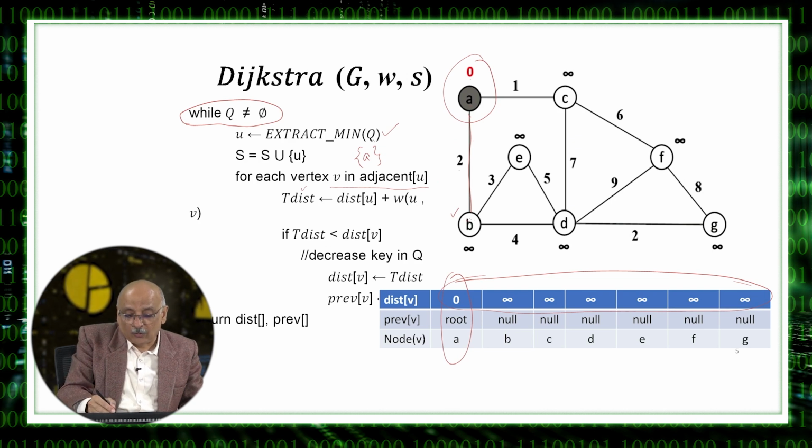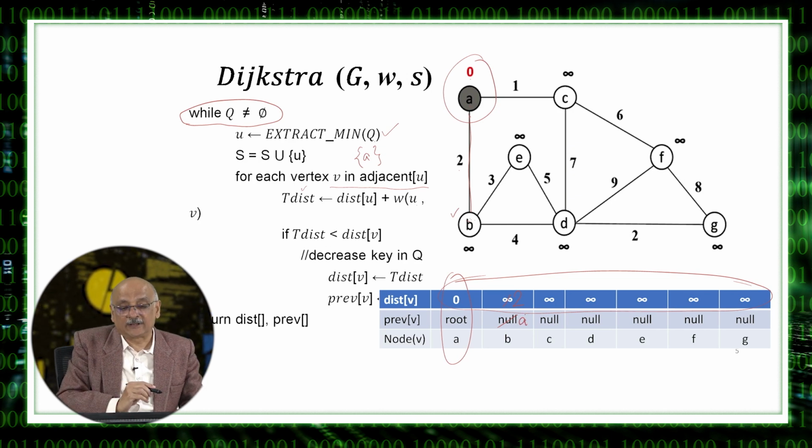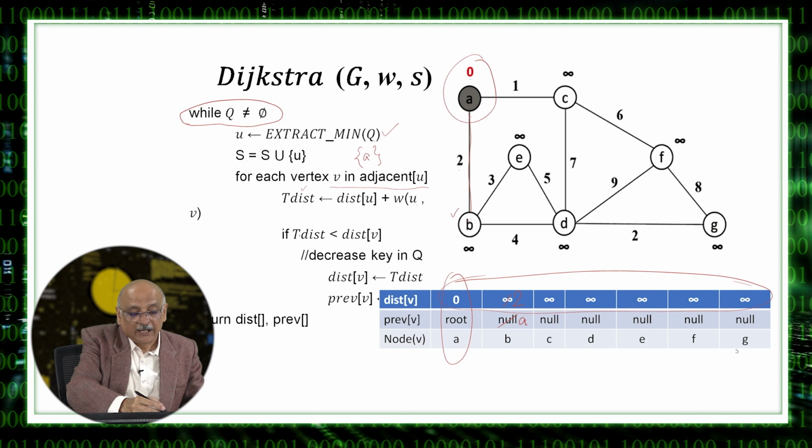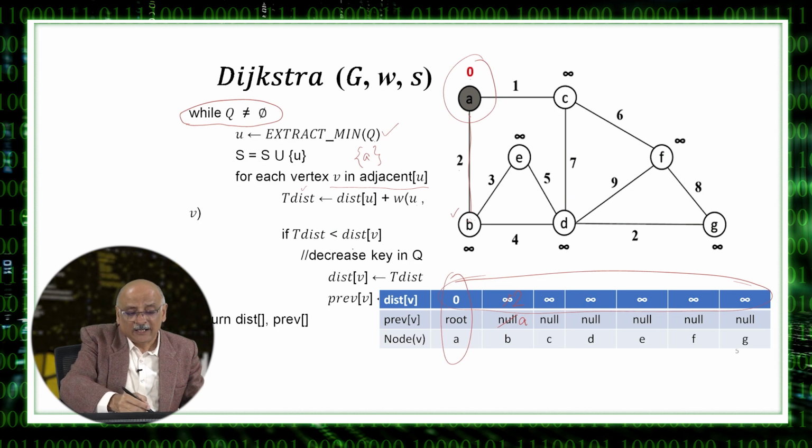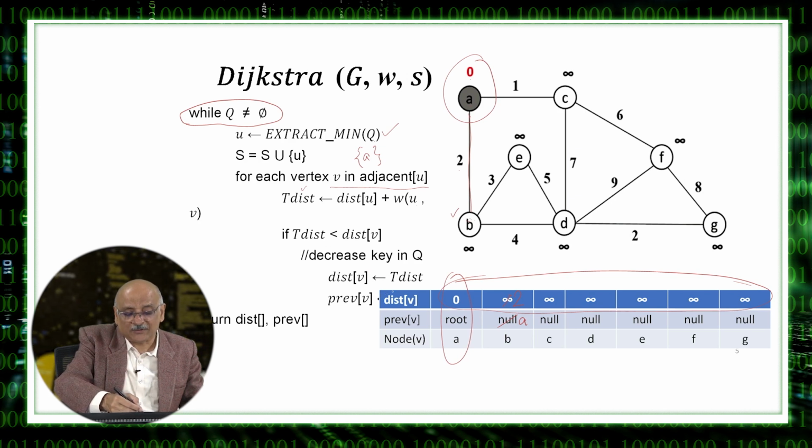That means for node B, the distance will be made 2 and its predecessor, which was null, becomes A. That is with this particular iteration. Why? Because if T distance is less than distance V, it was infinite, it is less. T distance is just 2. Decrease key in Q, so we decrease the value in Q, that's what we want to do. And what happens? Distance of V becomes T distance and previous value of V becomes the value of U.